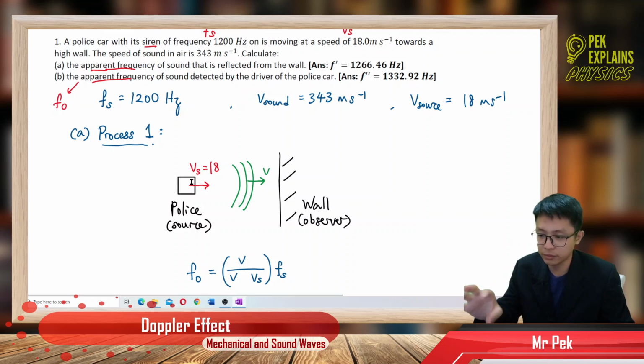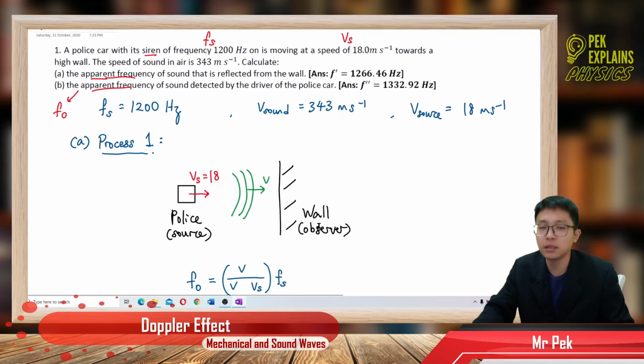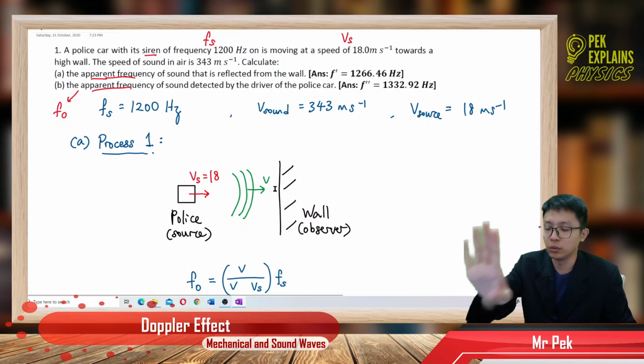It emits the sound towards the wall, so the wall is the observer, receiving the sound from the police car siren and then reflecting the incoming wave.